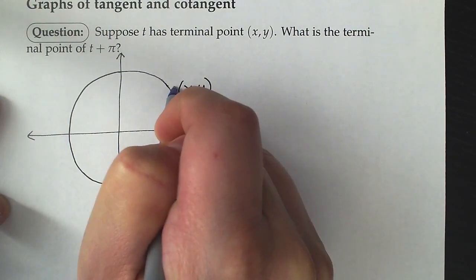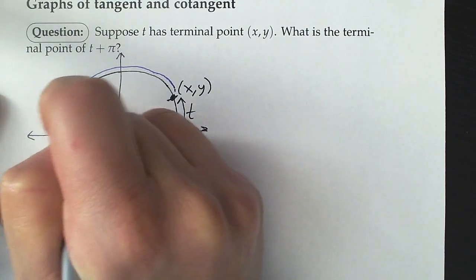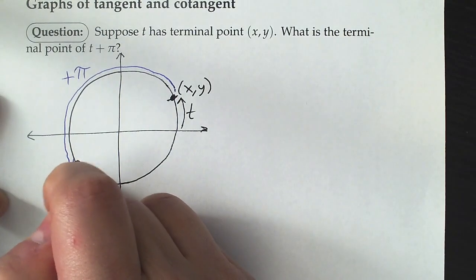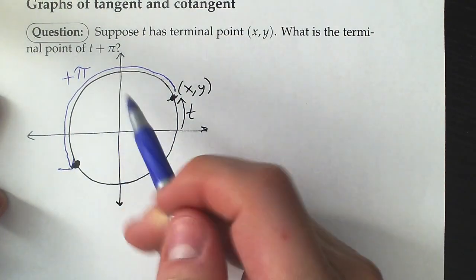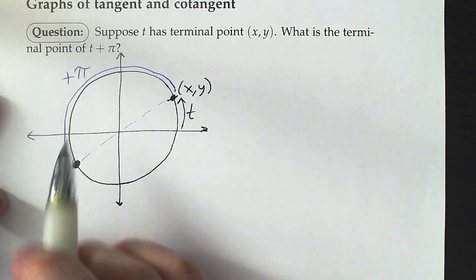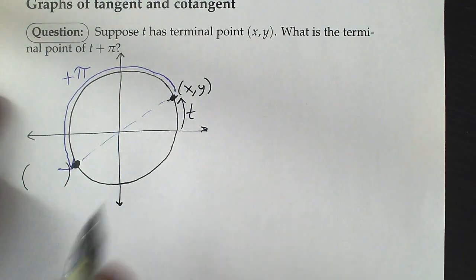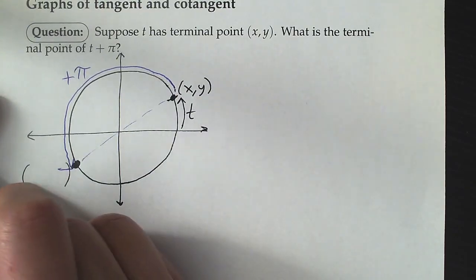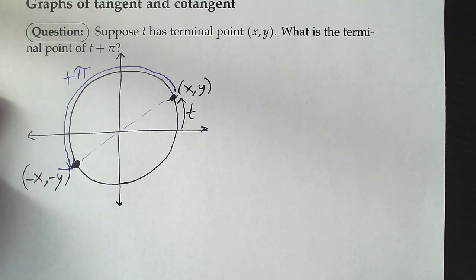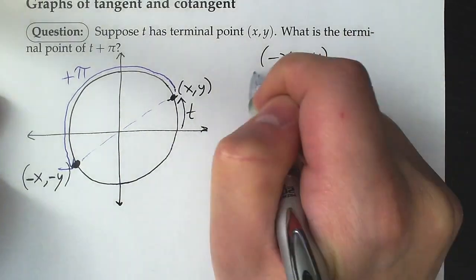So if I add another pi to this, this is what t plus pi looks like. It takes me to a new terminal point, but that new terminal point is on the opposite side of the circle from the original one, because it's symmetric. So the terminal point that we get to is the flipped version, negative x comma negative y. So that's the answer to this question.